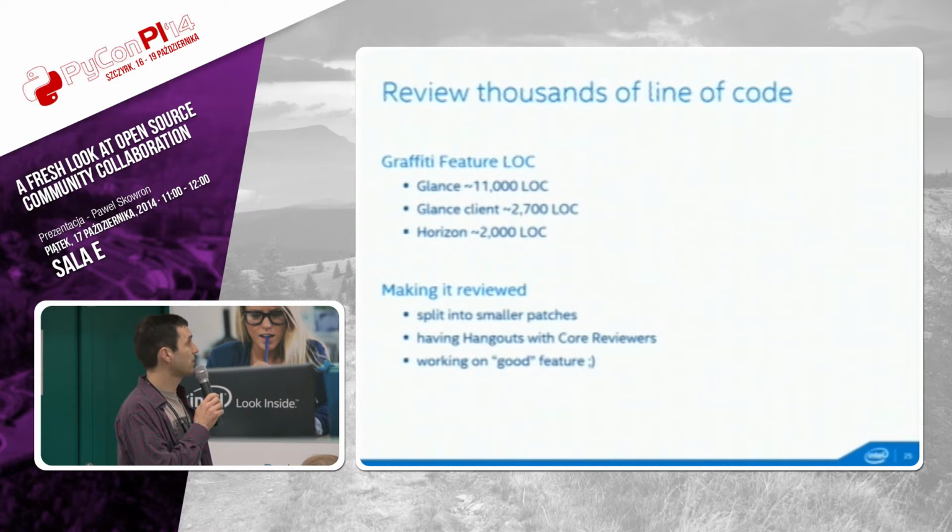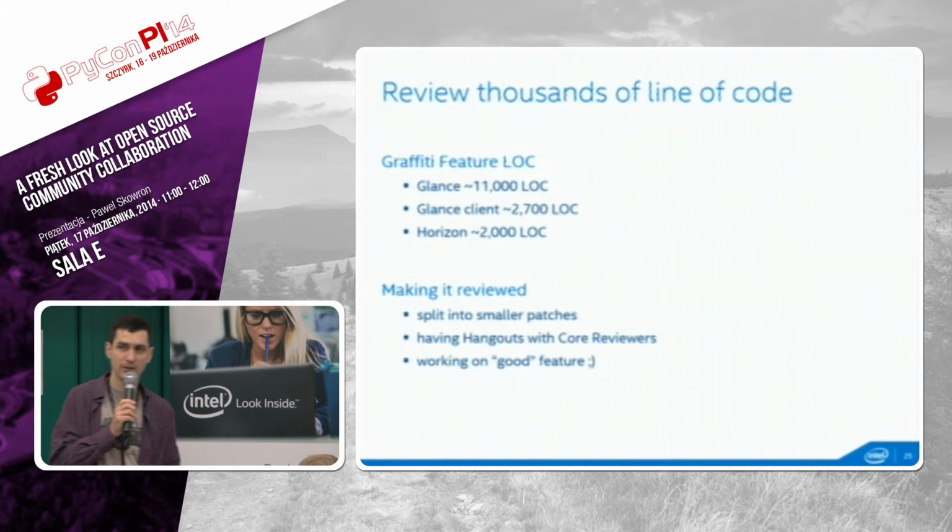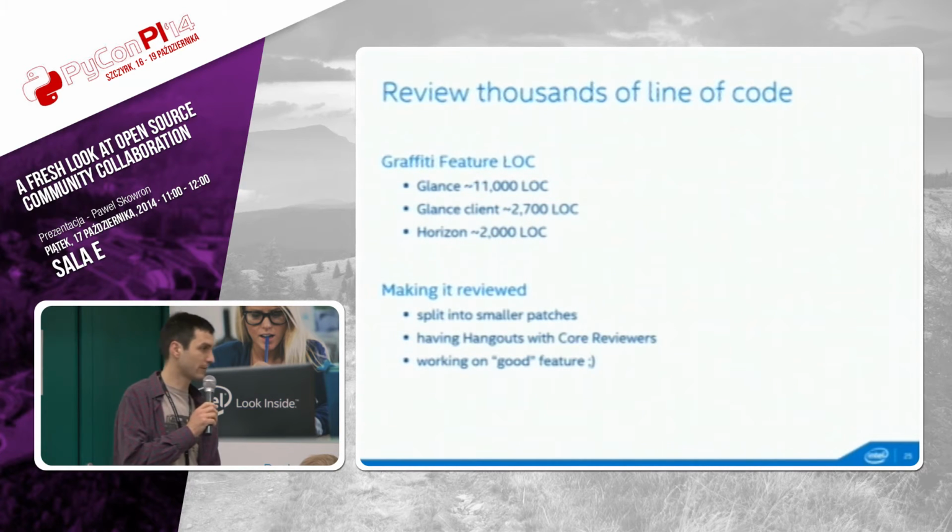Then we had Google Hangouts with the core reviewers, so we could sit together and look at the same code at the same time, and share with them why we, for example, used some code and what's behind the code and the idea. So it really accelerates knowledge sharing. And then, of course, it's better to work on a good feature. If the community is interested in your feature, they will likely be happier to give you a hand with reviews.